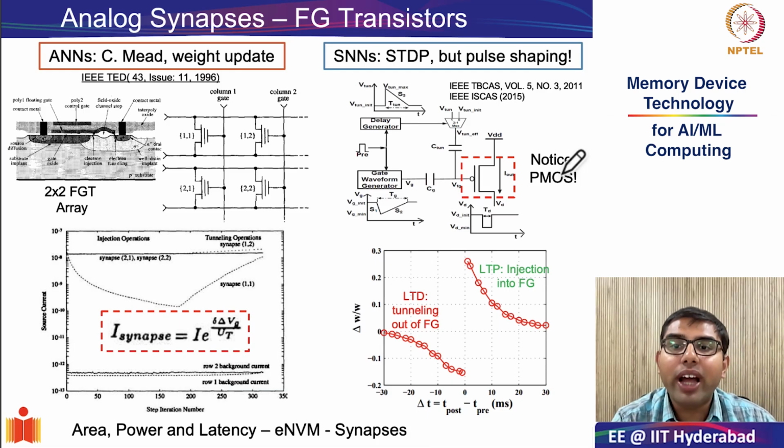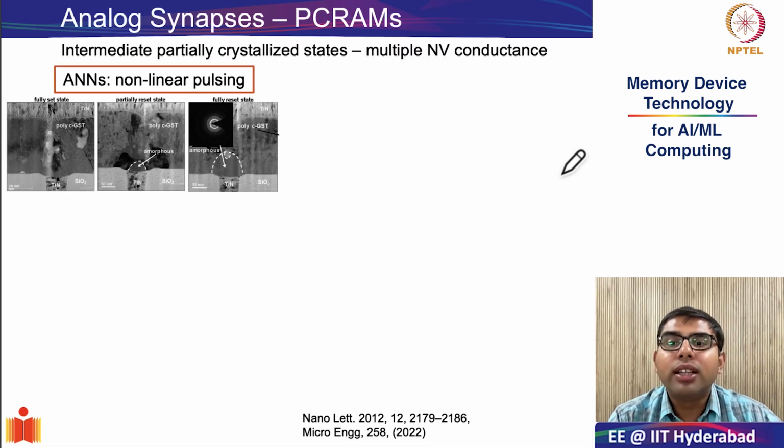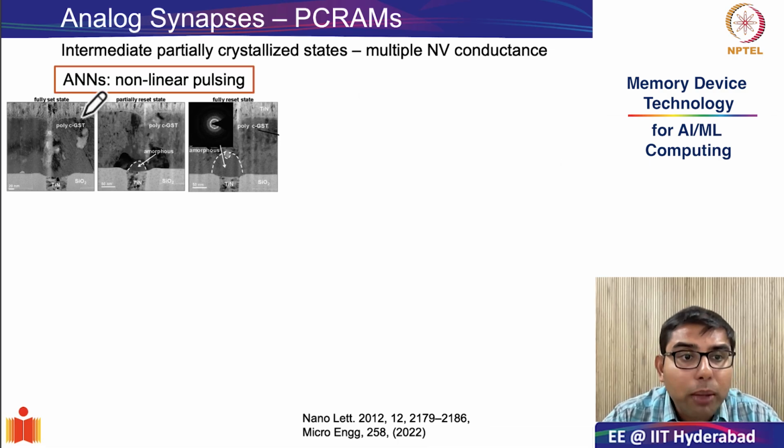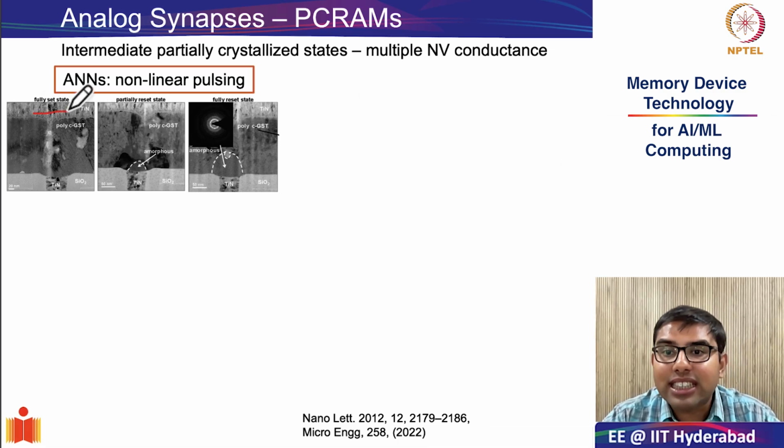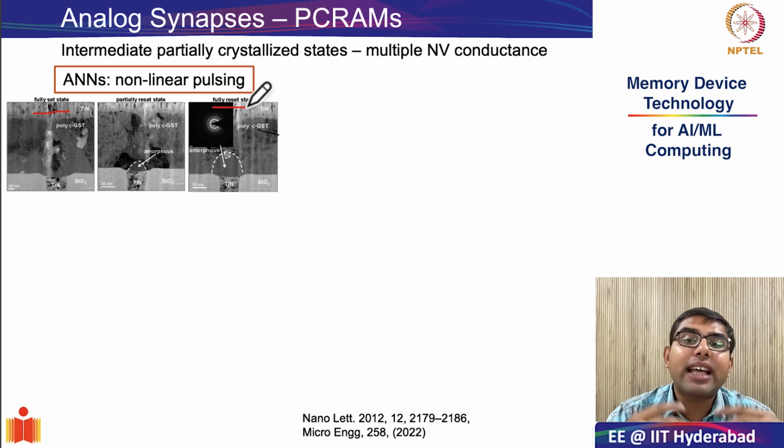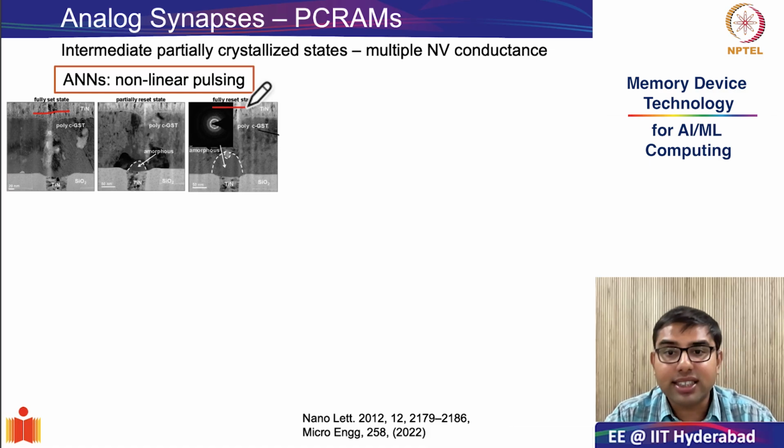So let us move ahead and look at the first commercially mature class of emerging eNVMs, which is phase change RAMs or PCRAMs. Please try to recall, when the material inside the PCRAM is in fully set state, it is crystalline and therefore it has low resistance. When in reset state, it is amorphous and highly resistive.